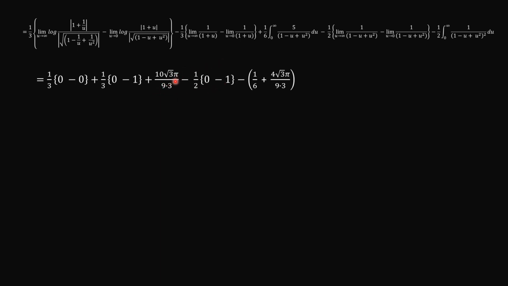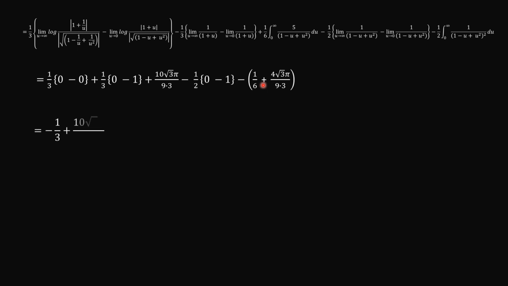The third term, as we saw in the previous integral, is 10 times root 3 over 9 times 3 pi, minus, here as you see, as u tends to infinity, 0, and as u tends to 0, that's the same as 1, so it becomes a half times u minus 1, and the last term we saw was the same as a sixth plus 4 times root 3 over 9 times 3 pi.